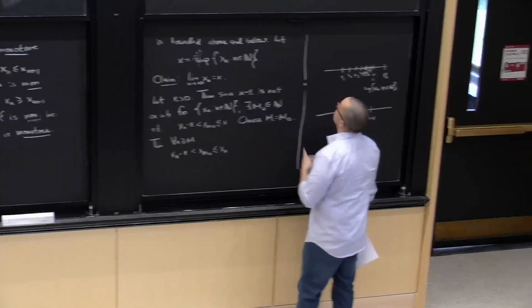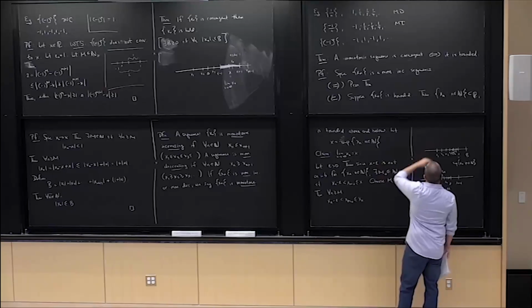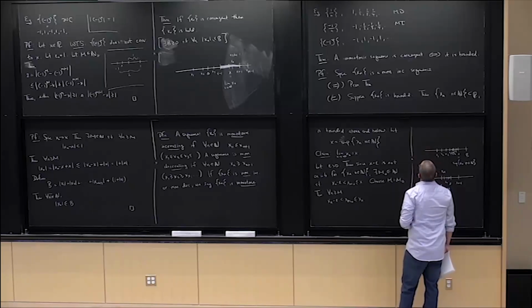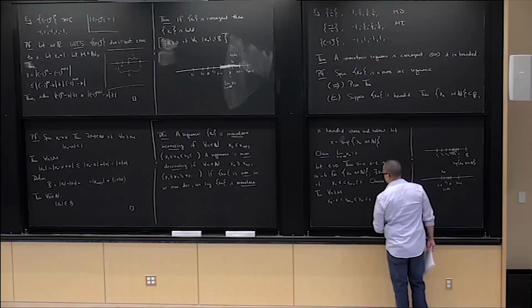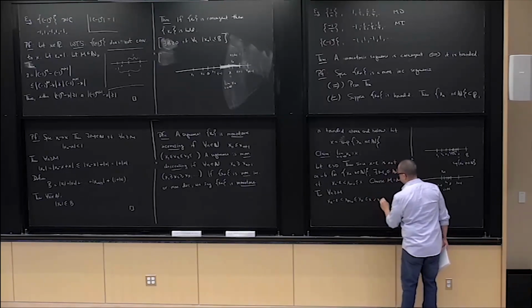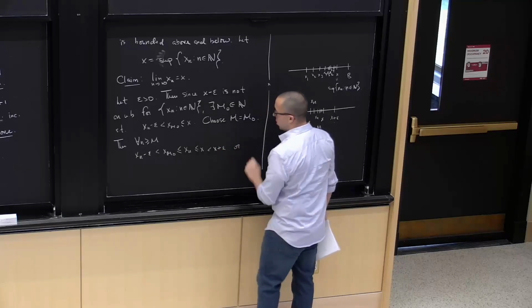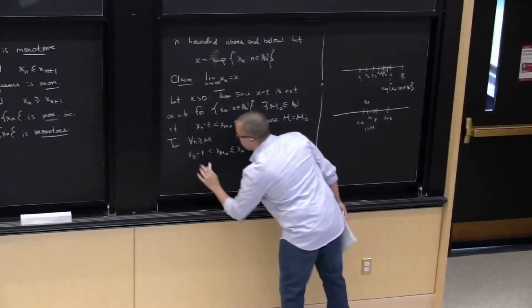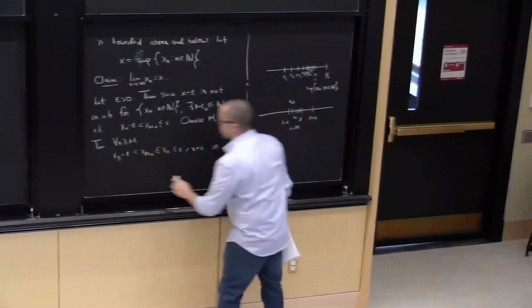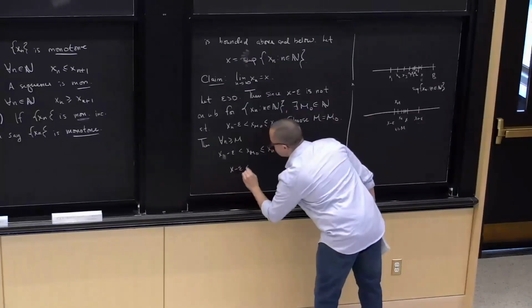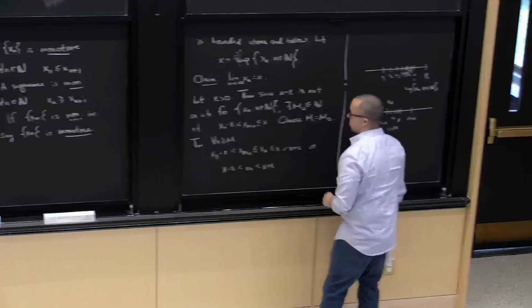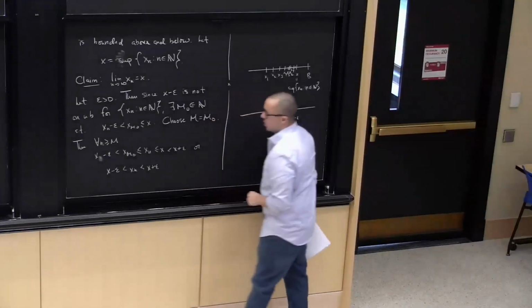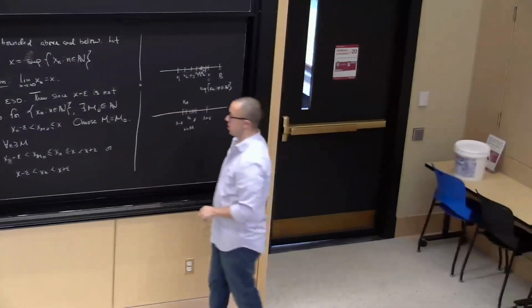And because x is a supremum of the set of all entries of this sequence, this is less than or equal to x, which is less than x plus epsilon. Or to summarize, x minus epsilon is less than x sub n is less than x plus epsilon. And that's the same as showing the absolute value of x sub n minus x is less than epsilon.